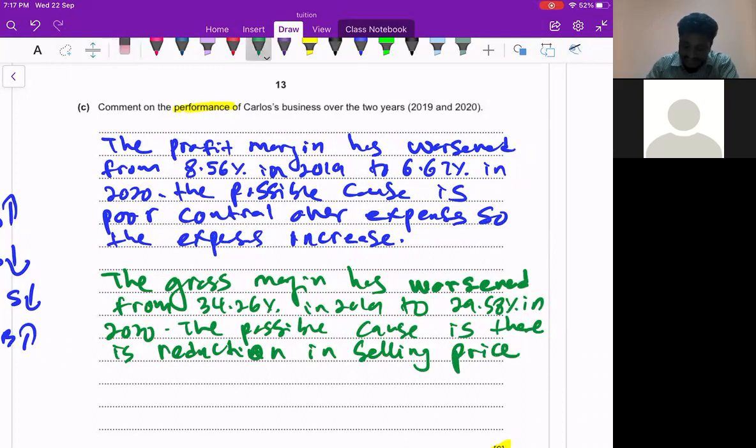I didn't say reduction in sales. Reduce in sales have no effect with the gross margin. Okay, selling price, yes. Gross margin will affect the selling price, not the sales. Understand? It's 1 unit. The problem in the 1 unit, not the total sales. Selling price, not the sales. Remember this.